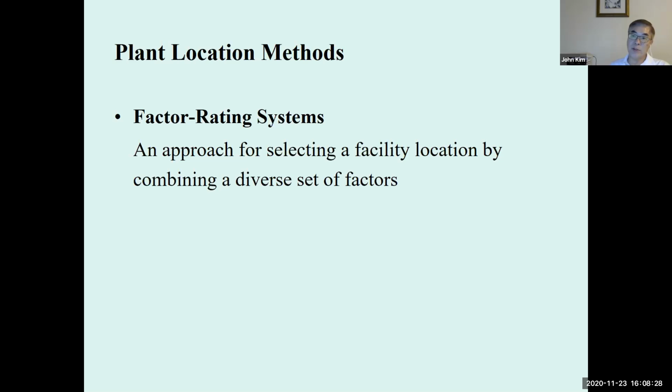A more important factor is given a higher weight, and then you evaluate those multiple factors.